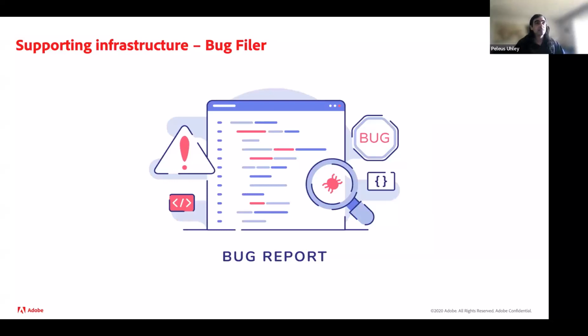So for instance, in my scenario, while they did support filing bugs against certain targets, they did not support filing bugs against the environment Adobe was using. So I had to build a bug filer that would monitor all those Azure containers and look for new issues and get them into the bug filing environment that Adobe was using.